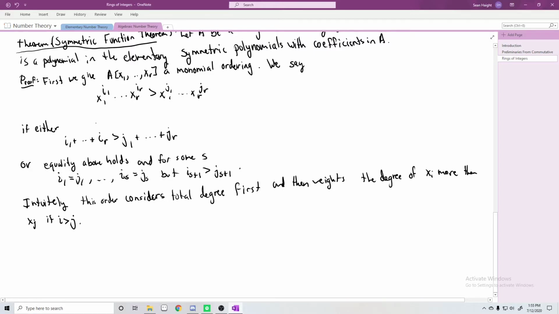Okay, so this essentially is a total order on the collection of monomials in r variables.